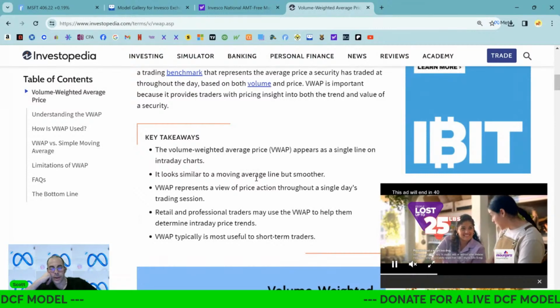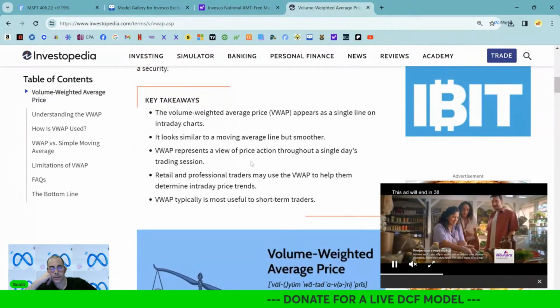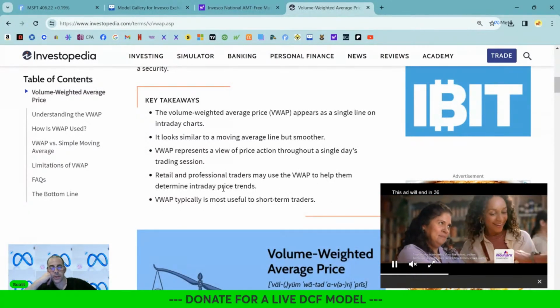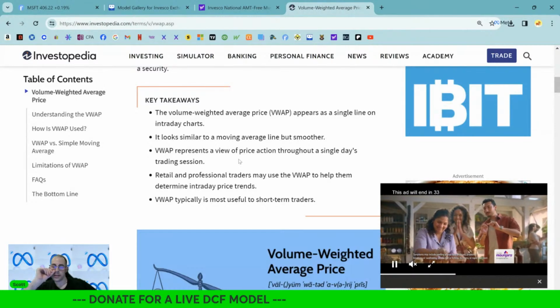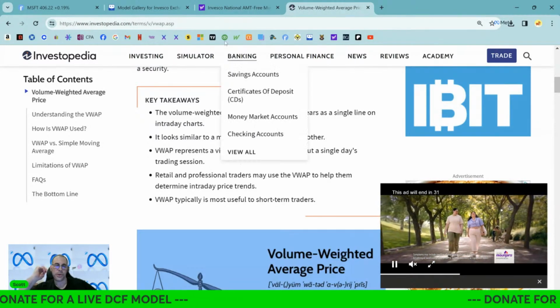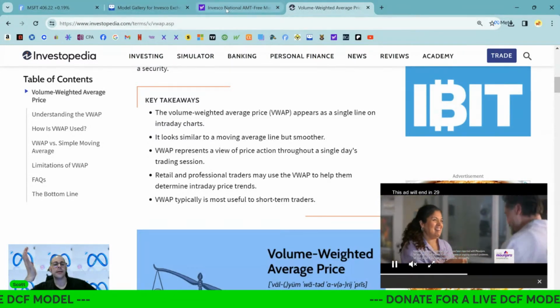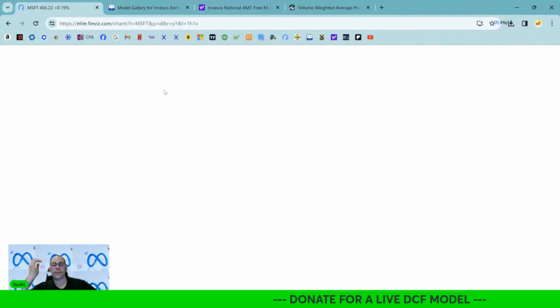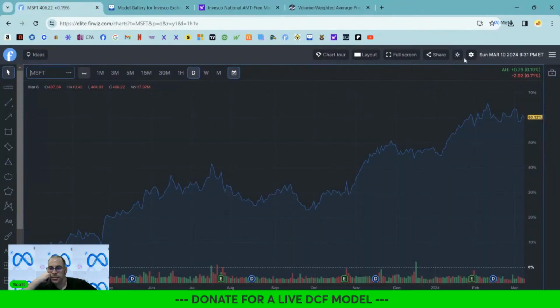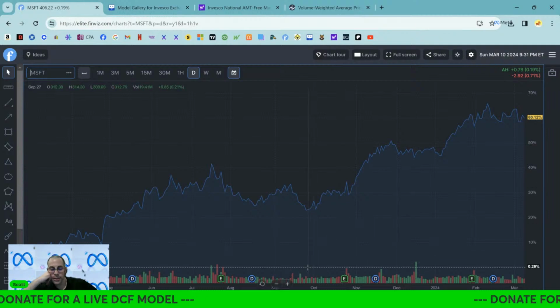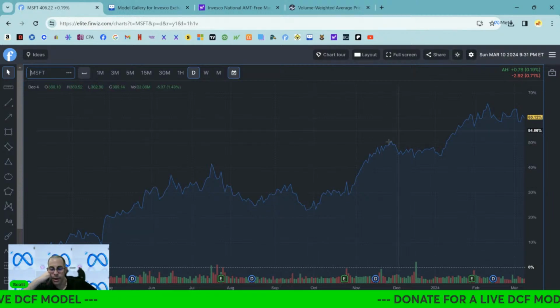Looks similar to a moving average but smoother. Retail and professional traders use the VWAP to help them determine intraday price trends. VWAP is most useful for short-term traders. I guess a lot of these things are for short-term traders. Where is the VWAP? I mean, I added the VWAP. I don't see it.